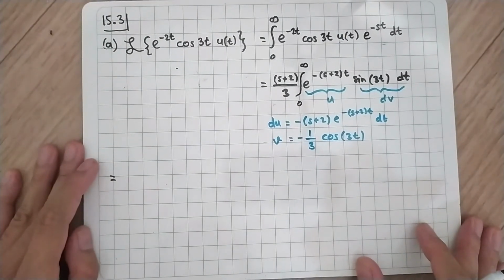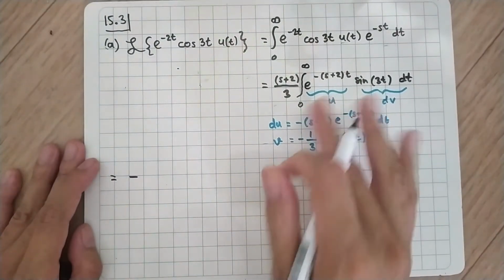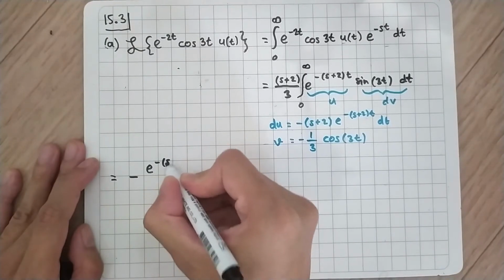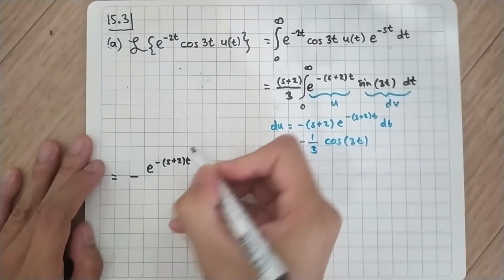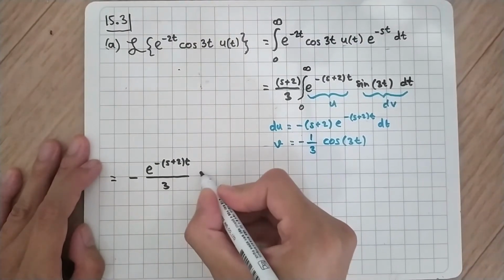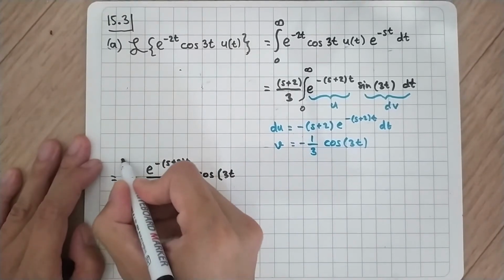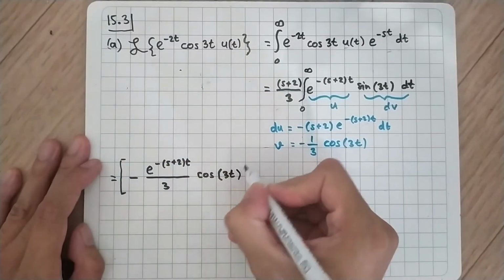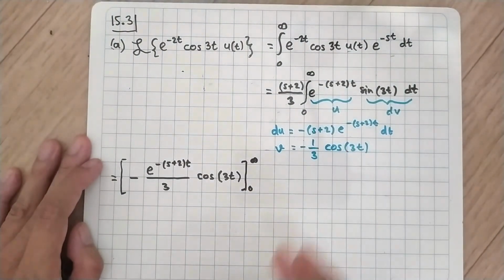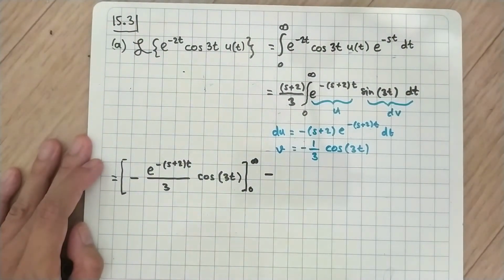uv. Okay, now we will have u times v, which is minus e to the minus s plus 2t divided by 3 of cosine 3t, and do not forget the limit of integration from 0 to infinity, and then minus v du.